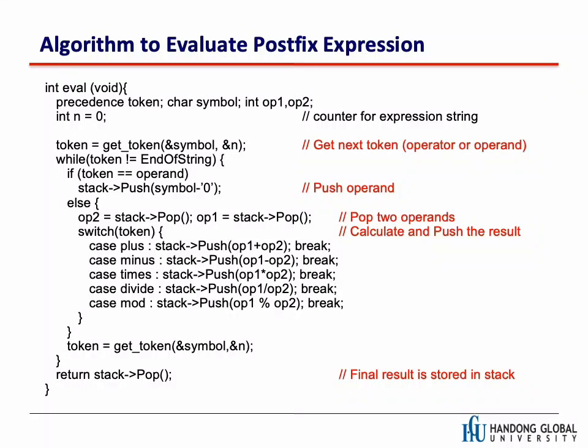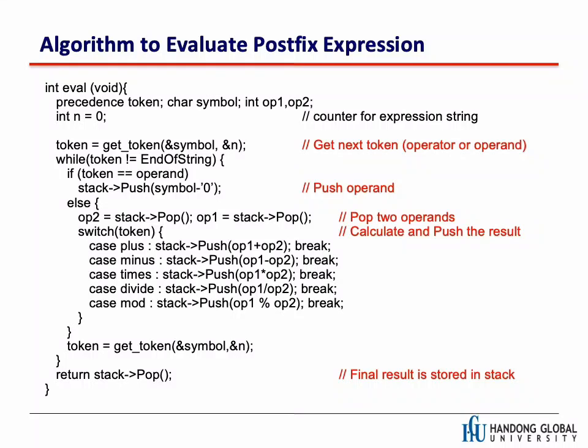After this popping and pushing, we get the next token. We call get token one more time, and then we go back to the while statement. We check that the token is not null and not the end of the string, and then we do the same thing again and again.